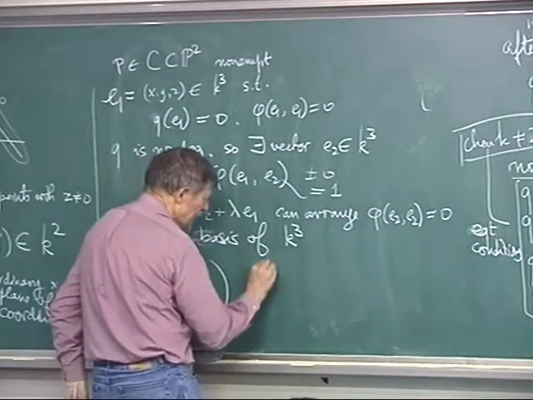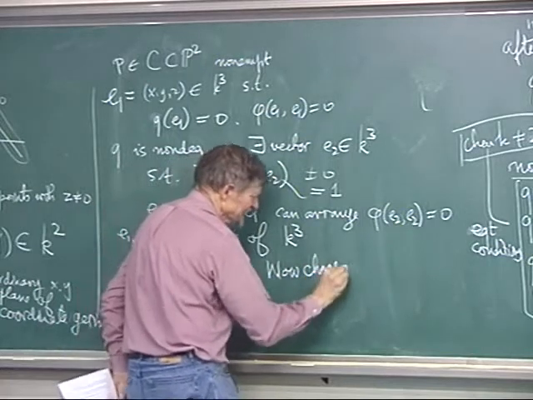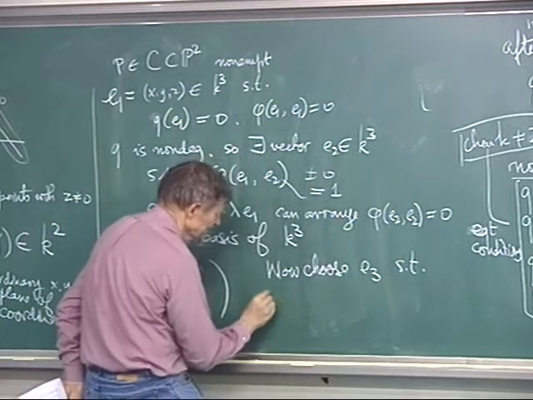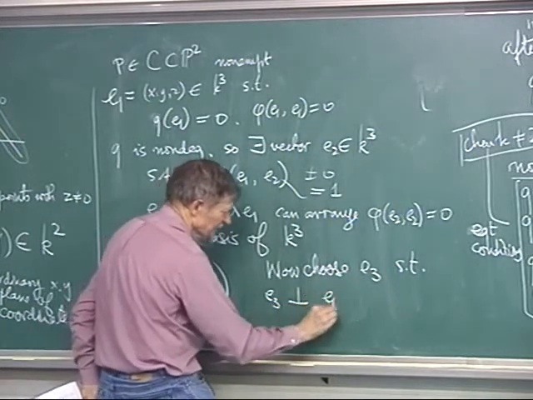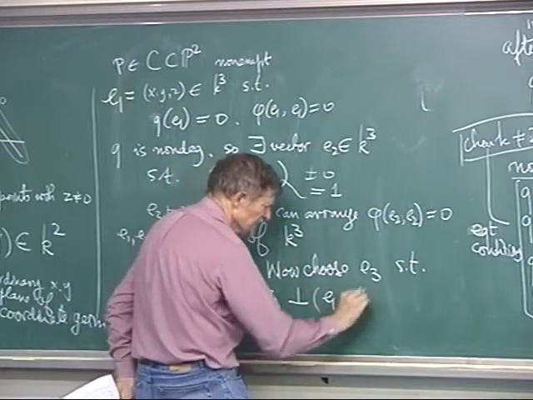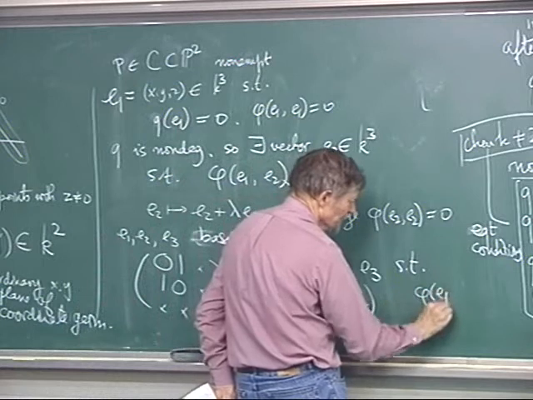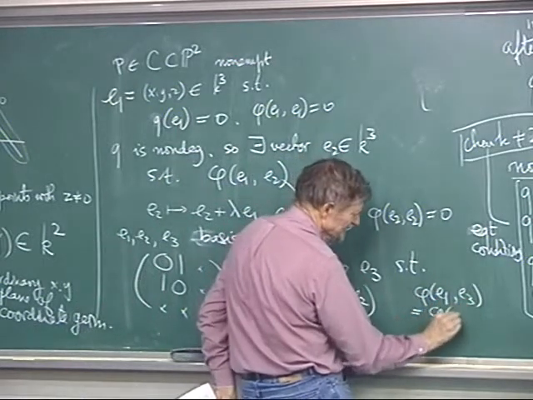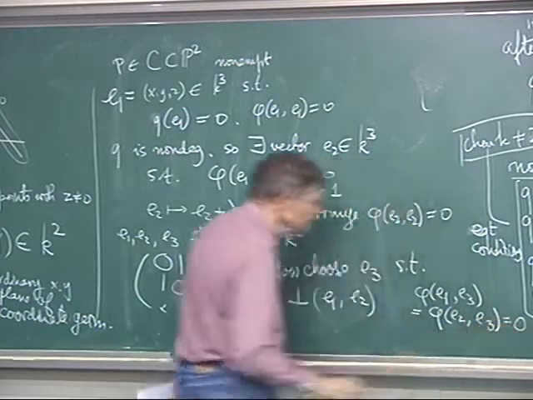So now choose E3 so I want to say E3 is orthogonal, is perpendicular to E1 and E2. So I'm just saying phi of E1, E3 equals phi of E2, E3 equals 0.